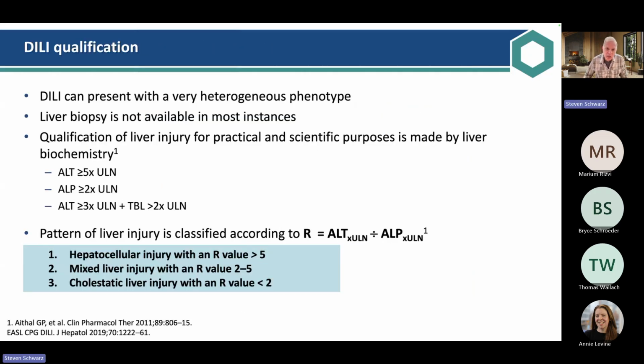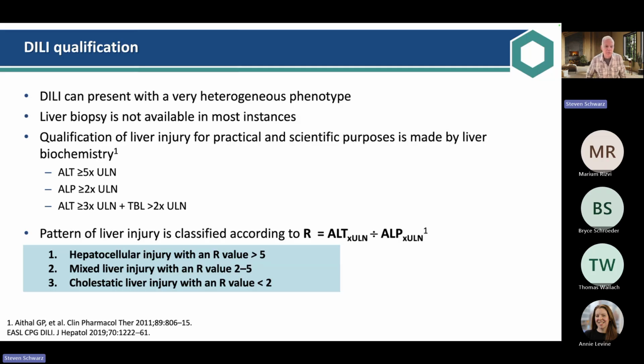So DILI can present with a very heterogeneous phenotype, as I showed you earlier. In most cases, liver biopsy may not be available. When it is available, it may or may not be diagnostic, and I'll show you some histopathologic slides in a bit. And then we need to qualify the liver injury, and that is made by liver biochemistry.